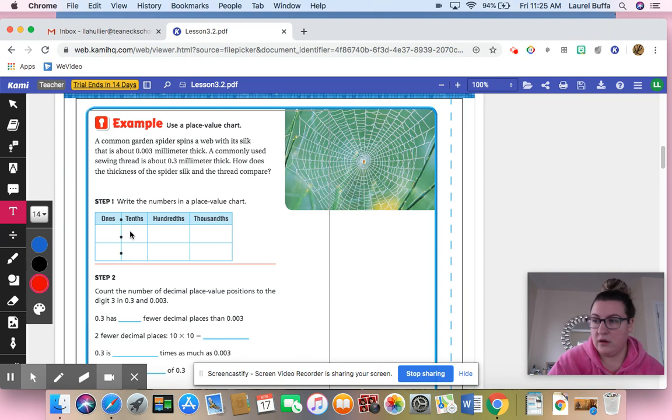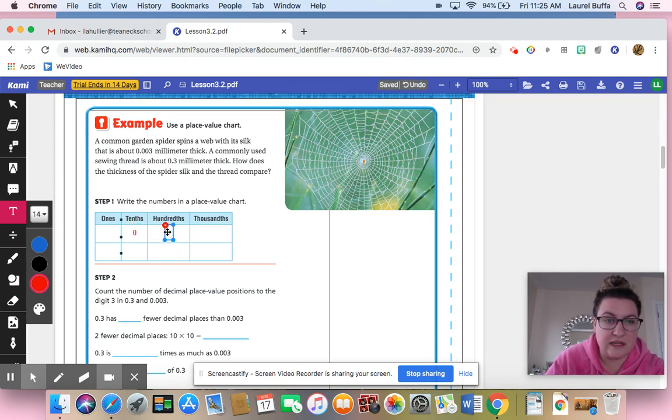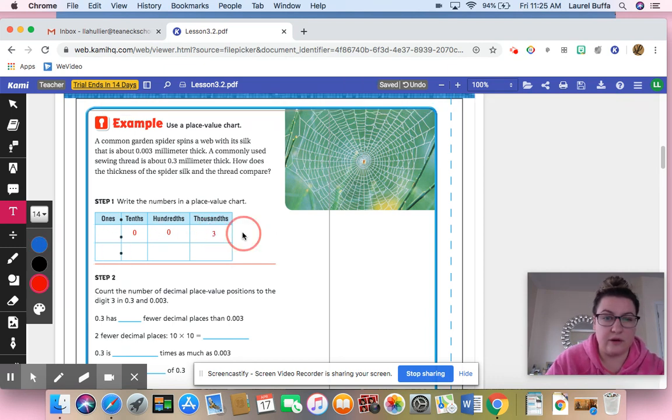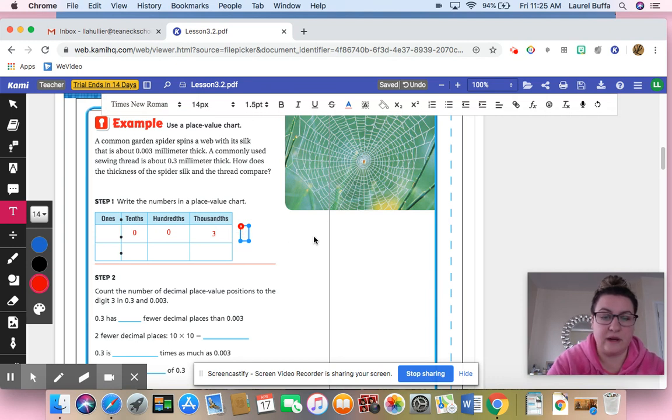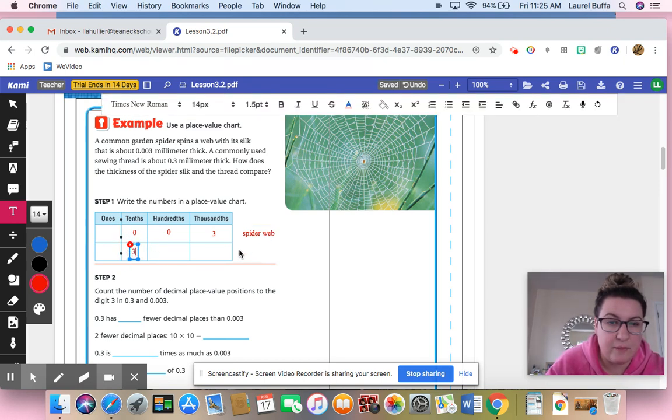Well, we would represent the tenths as a 0, the hundredths as a 0, and the thousandths as a 3. That is for our spider web. And then for our sewing thread, we have 3/10, so we would represent that by putting a 3 in the tenths place, and that is our sewing thread.